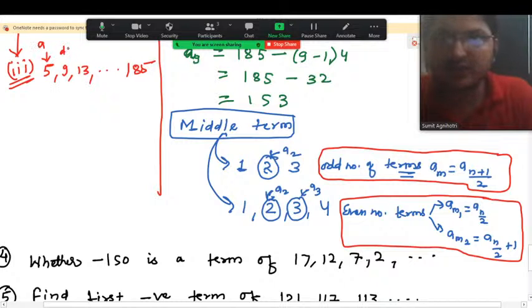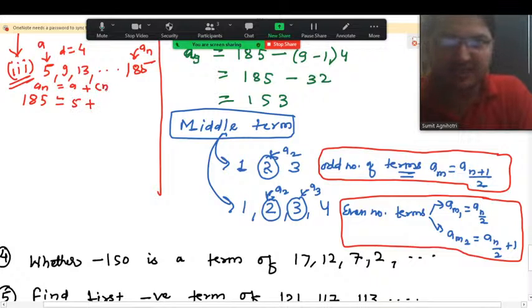You just figure out what d is, that is 4 here, and this is my an. Now apply the formula an equals a plus (n minus 1)d, where a is 5. We want the value of n and d is 4.